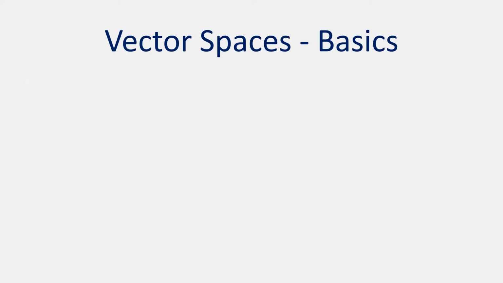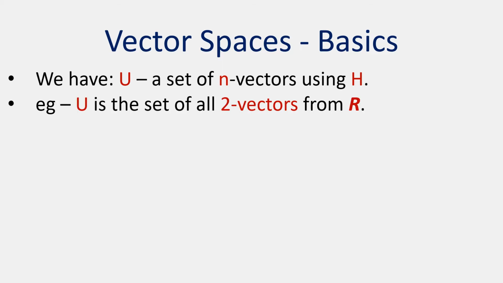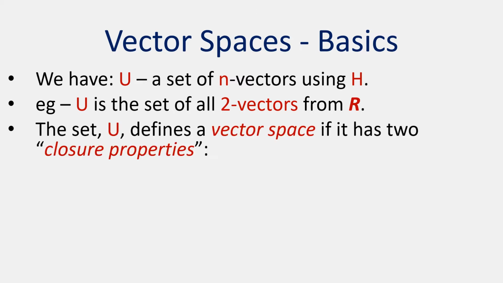So let's look at some of the basic properties, what we mean by a vector space. What we have is some set of vectors U. These are a set of n vectors formed from some underlying set of numbers H. For example, this could be the set of all 2 vectors formed from the real numbers, and such a set defines a vector space if it has 2 what are called closure properties.